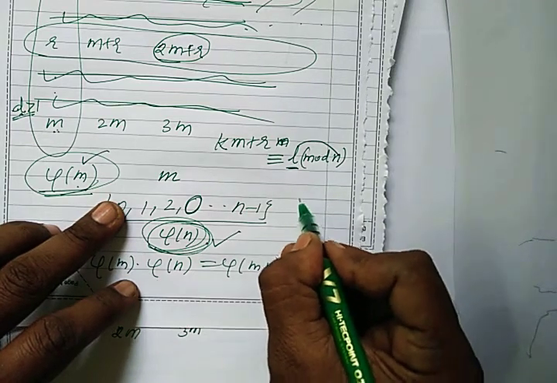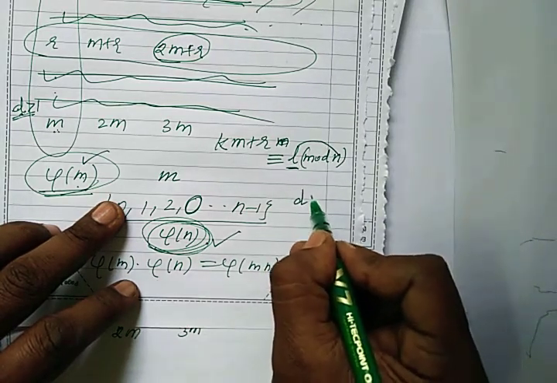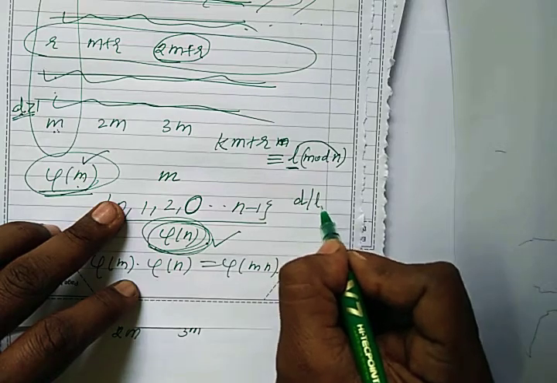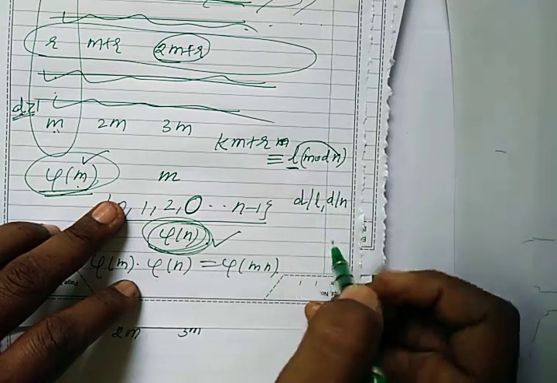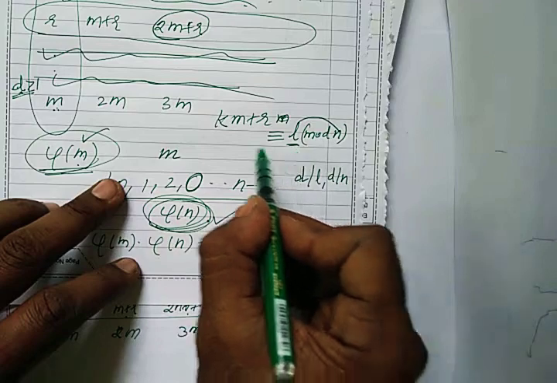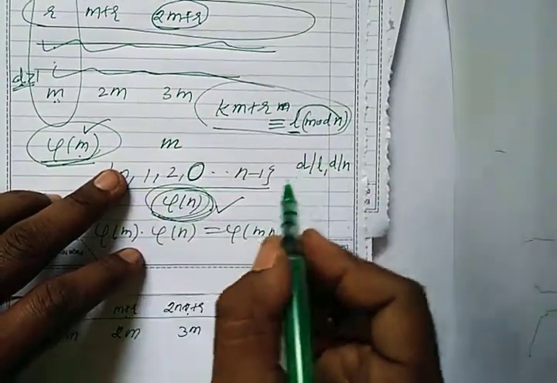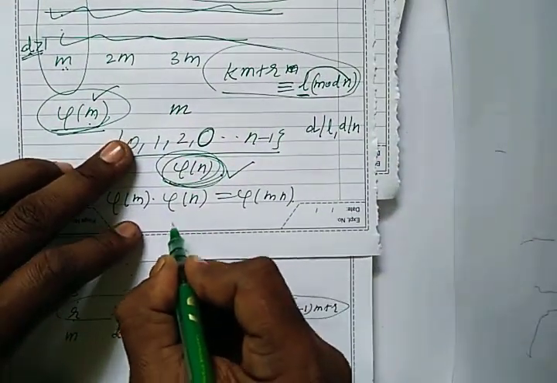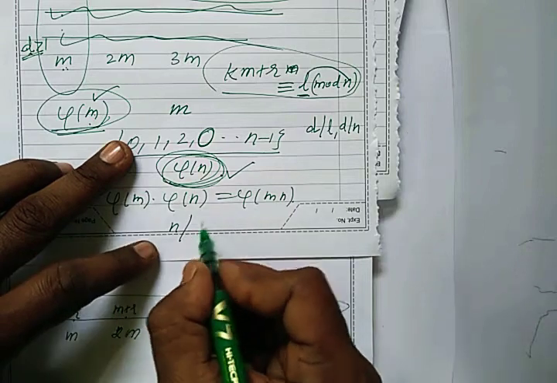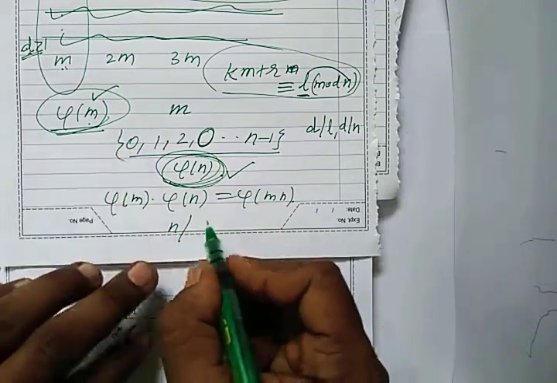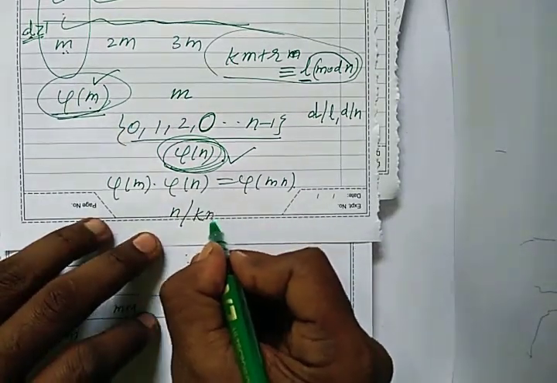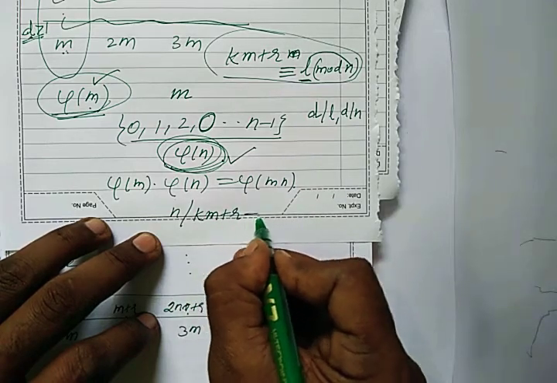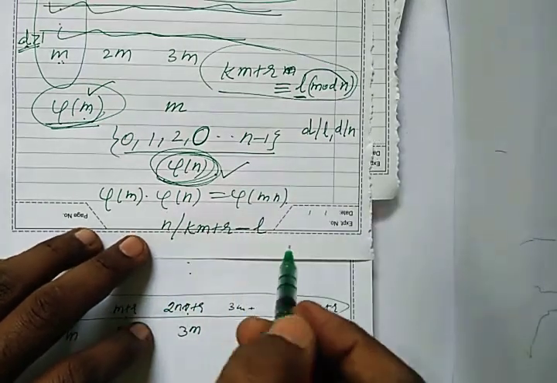Let the common divisor be d, so d divides L and d divides n. From this congruence relation, what do we get? We get n divides km plus r minus L.